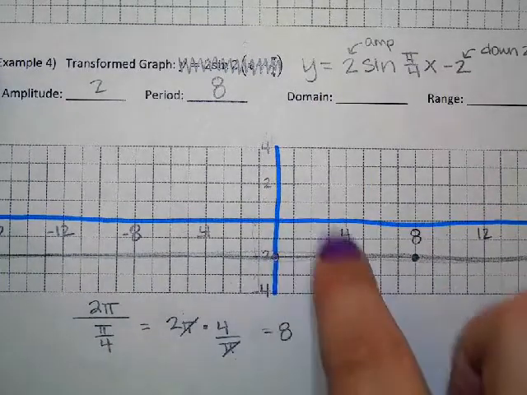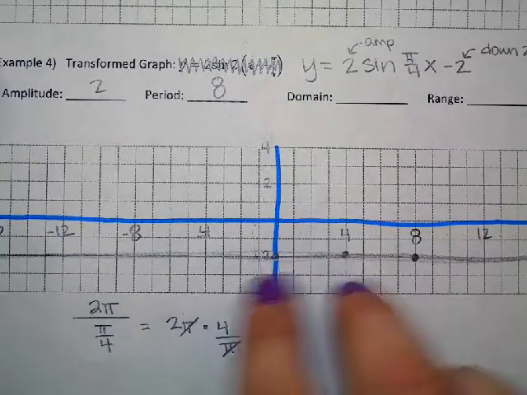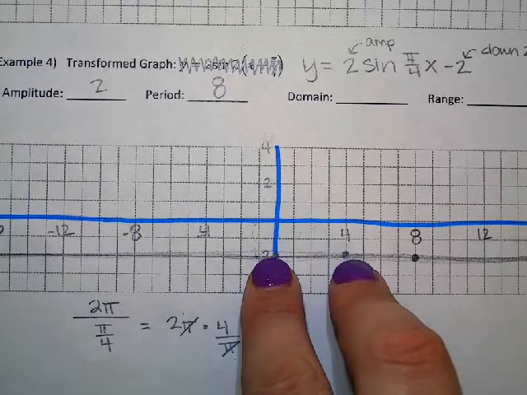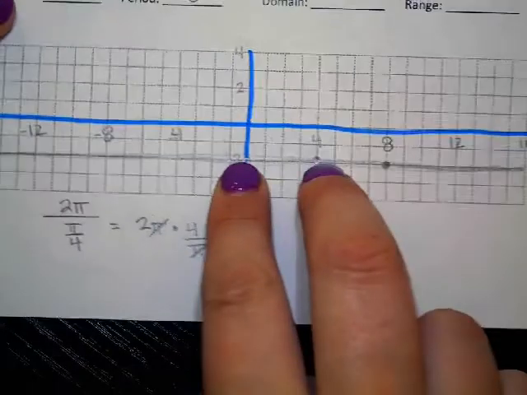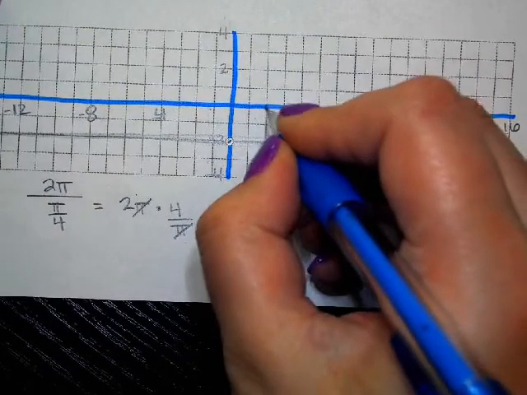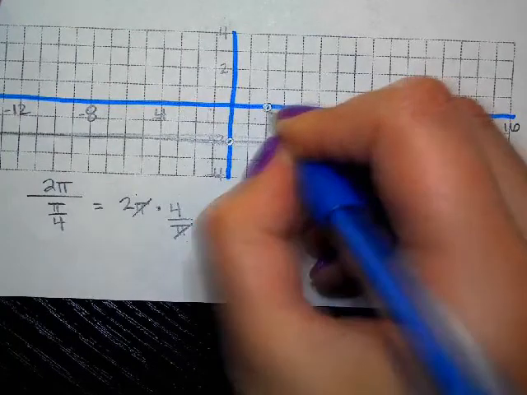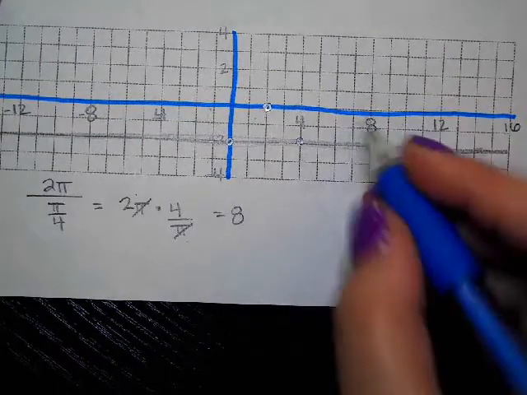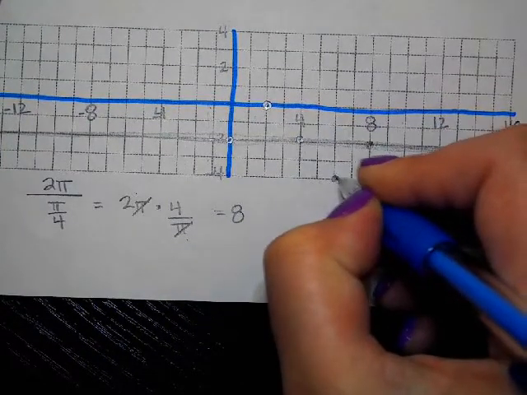Now, a normal sine curve would only go up 1. What are we going to do because we have an amplitude of 2? We're going to go up 2. So between the first 2, I'm going to go up 2. Okay? What am I going to do between the second 2? Down 2. Okay? And then I'm going to take that pattern and do it again.